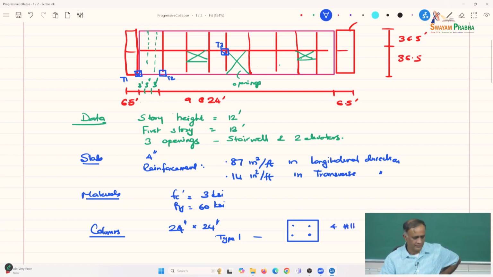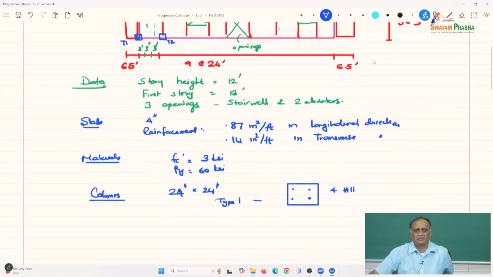In concrete, there are some guidelines. I talked about your Fc prime should be between 3 and 10. Fy, the reinforcement should be less than number 11. Number 11 is not exactly 11 by 8 inches, but it is close to that.